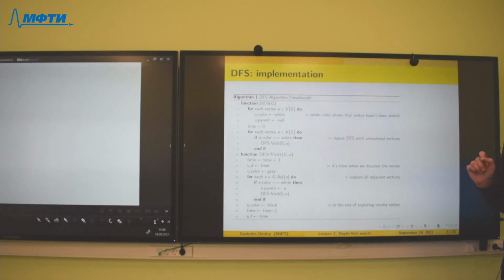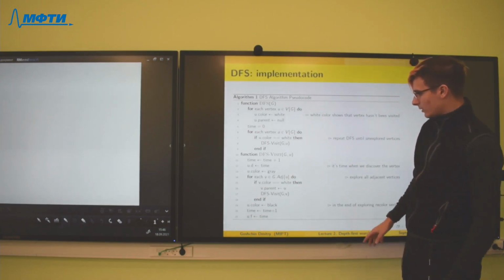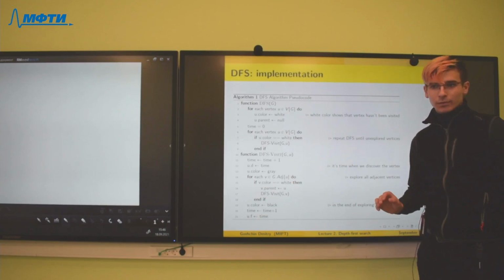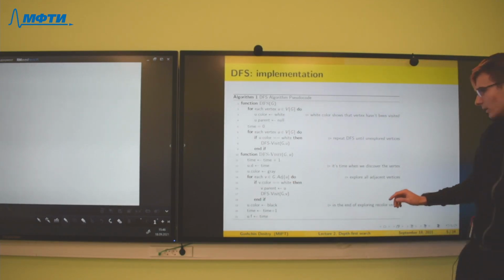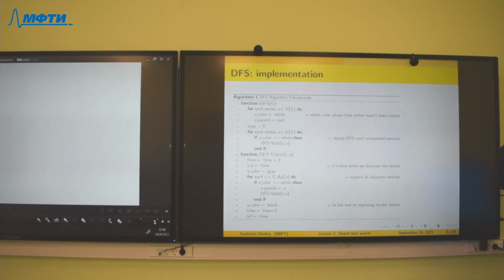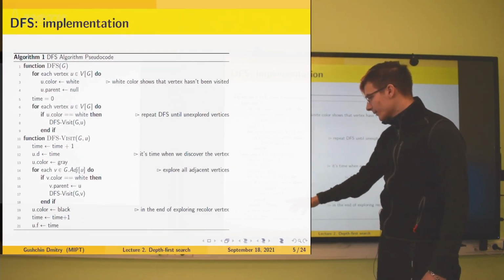Okay, and if we have these adjacent vertices, we visit them too, and repeat this cycle while we have any adjacent unexplored vertices.